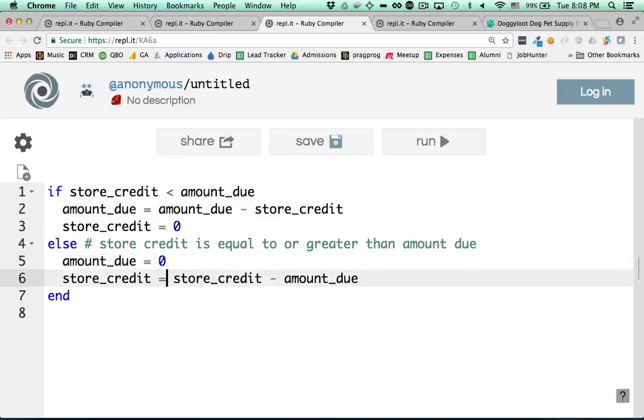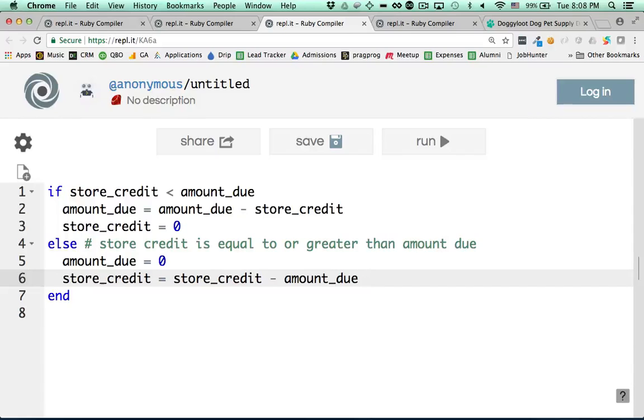Awesome. Now line 6, store credit. Let's reduce their store credit by store credit minus amount due. So let's say I have $1,000 in store credit. What is my store credit after this line? It's unchanged. I still have $1,000 doggy loot dollars. So if I have enough store credit to buy this whole thing, I can buy it and keep my credit.